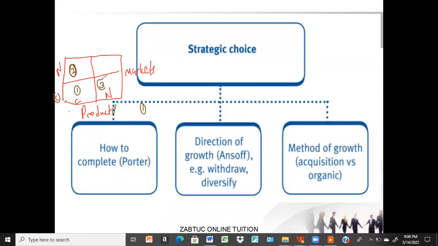What do you call this? Product development. And number four is called what? Diversification. When we talk about diversification, there is the horizontal and also there's vertical.